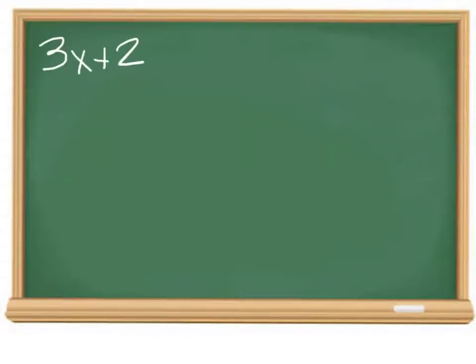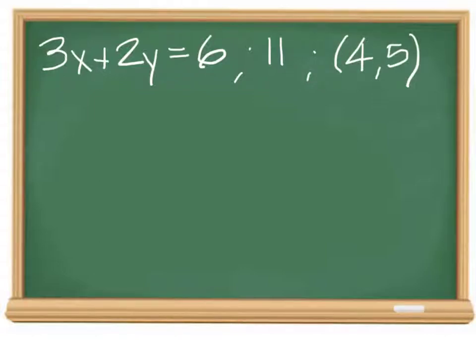3x plus 2y equals 6, and we need a line that's parallel to it and passes through 4, 5. The first thing you have to do is to change this equation to y equals mx plus b.